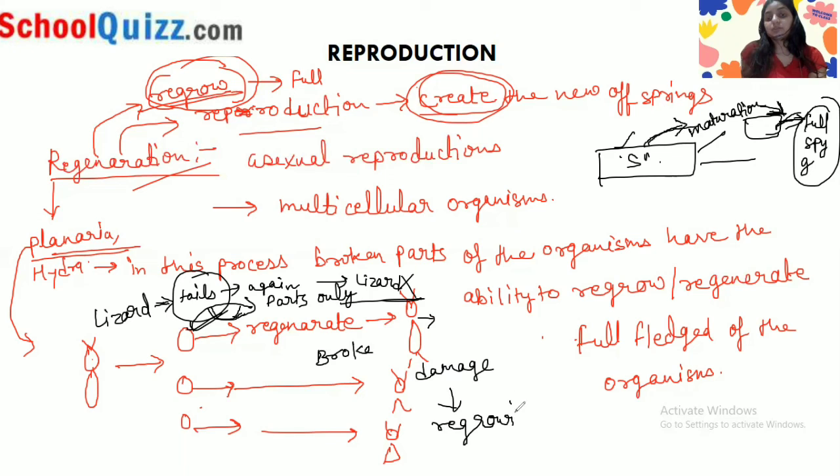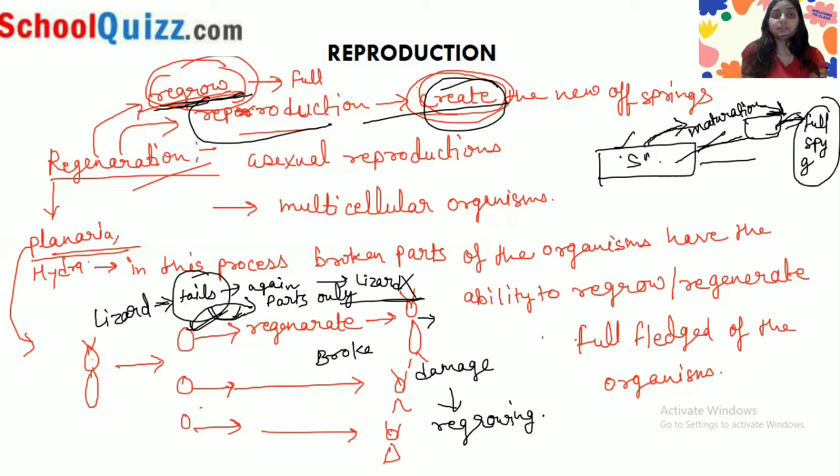So in fragmentation, reproduction is happening. The process of reproduction is happening, but regeneration is not the same as reproduction, because in regeneration there is regrowing, and in reproduction there is creating. I hope this is clear to you.